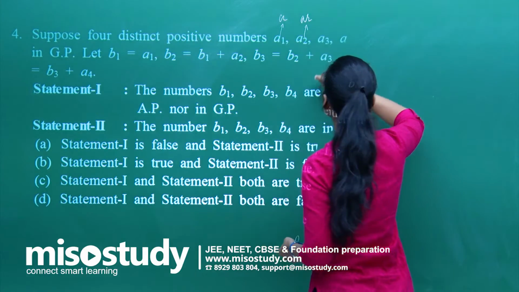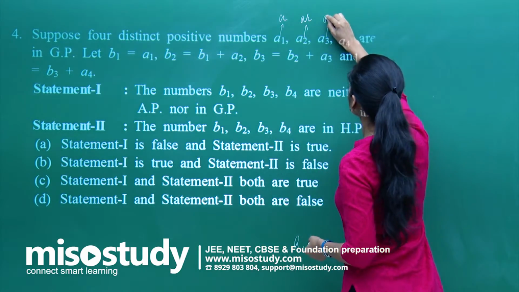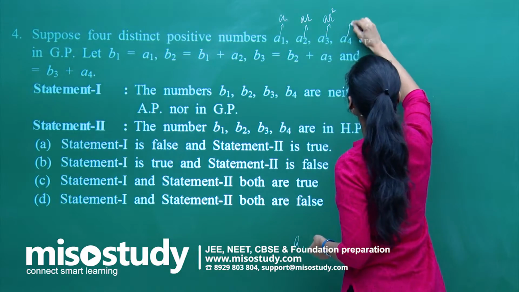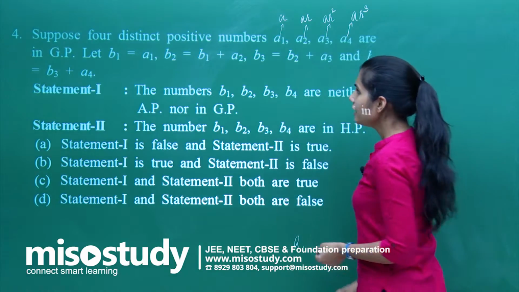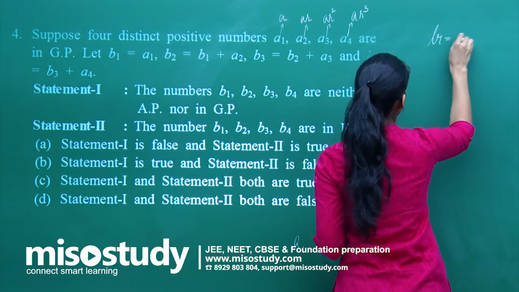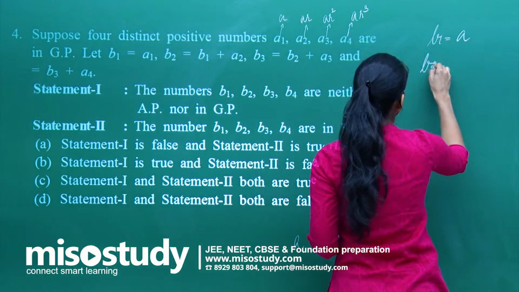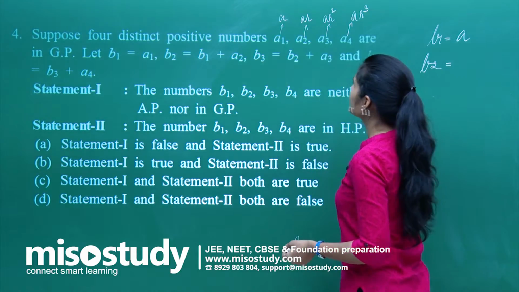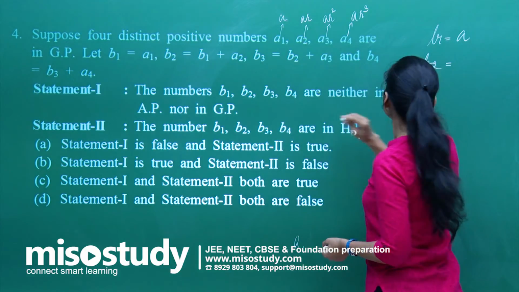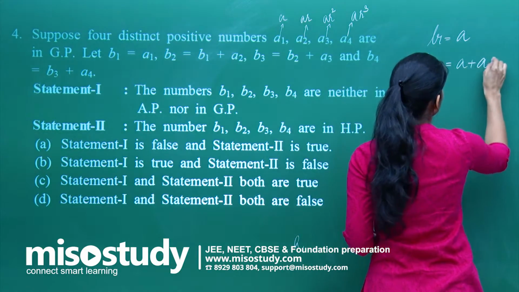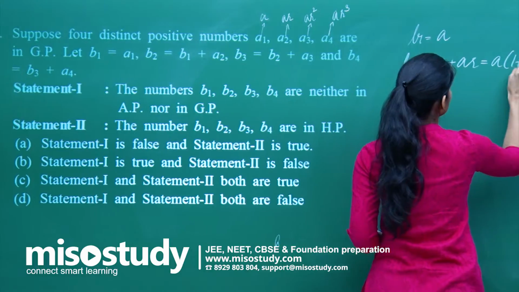So you get A1 is a, A2 is ar, A3 is ar square and A4 is ar cube. B1 is A1, so B1 is a. B2 is B1 plus A2, so a plus ar, which is a(1 plus r).